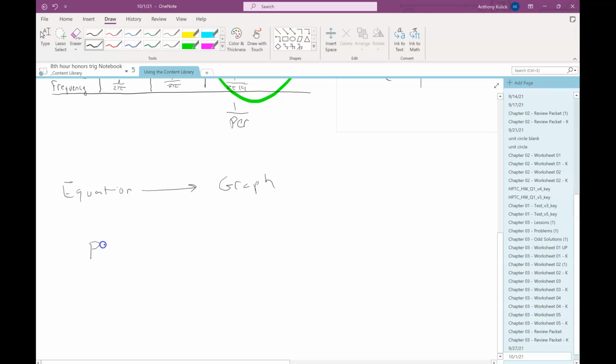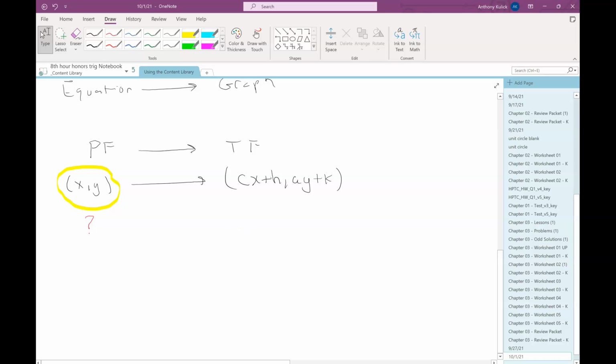Well, to do that, we're going to take some points from the parent function and transform them using this map that we mentioned earlier. The question we're left with is, what points from the parent function should I choose? Well, I'm going to tell you exactly which ones to choose.